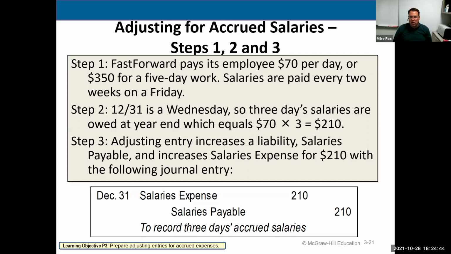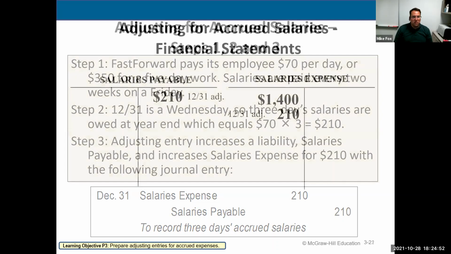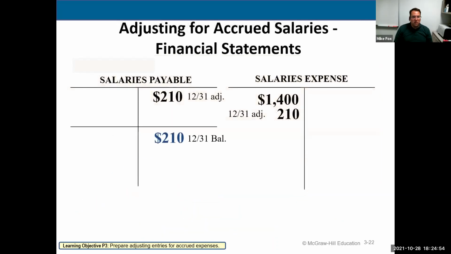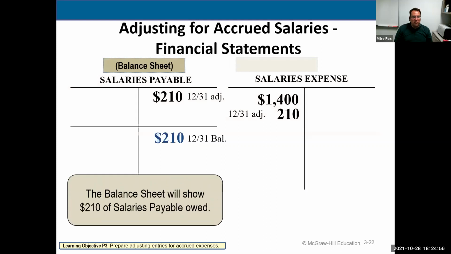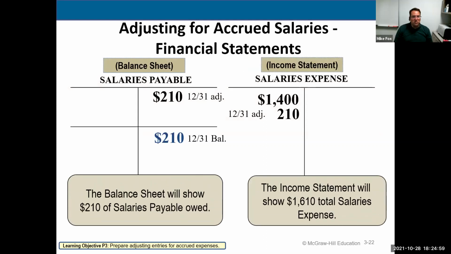It's a liability because we owe it, but we're not going to pay it till the next payday or whatever other circumstances we'll be paying. So that'll give us a balance in our salaries payable. We'll be able to show our salary expense for the period so that our income statement will be correct.